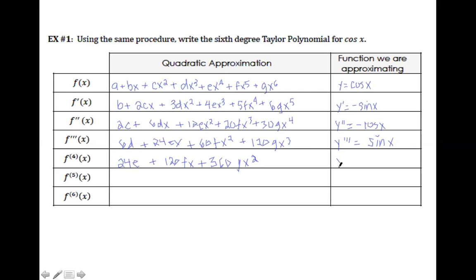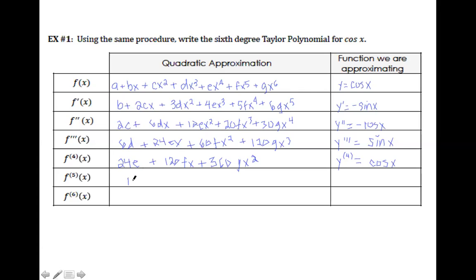All right. When we write fourth derivative, you may or may not remember this. We don't make all the little hash marks. We just put a 4 in parentheses. Derivative of sine is cosine. All right. 24e, it's a constant, that goes away.